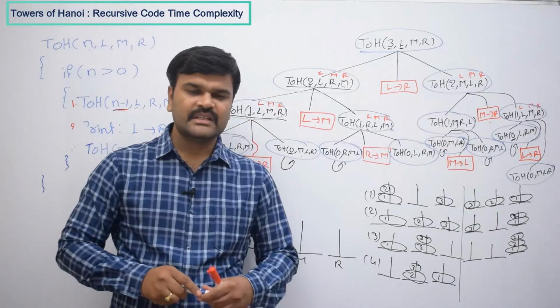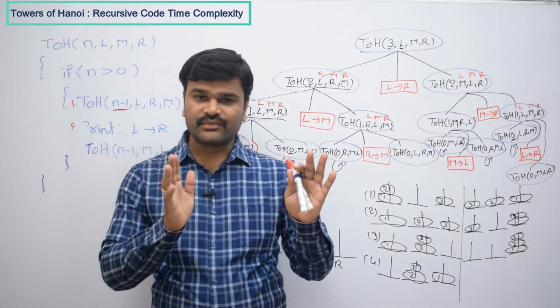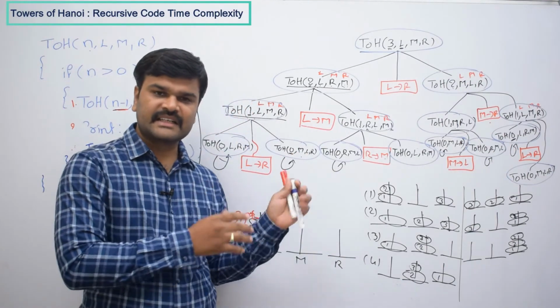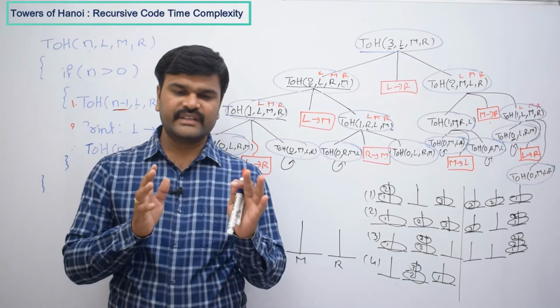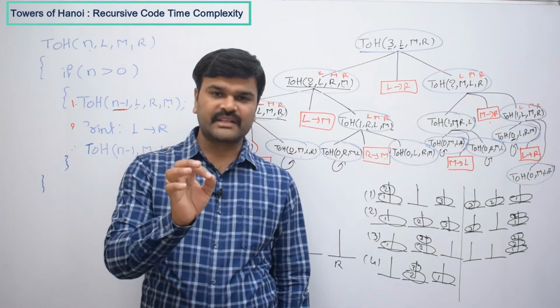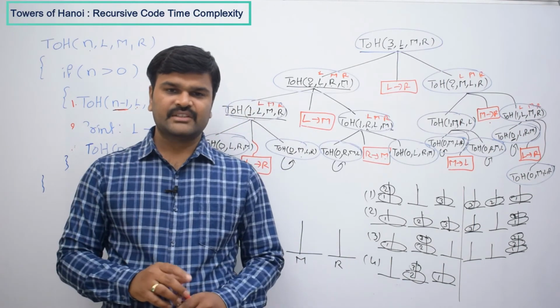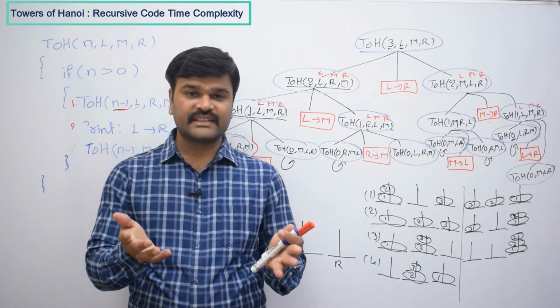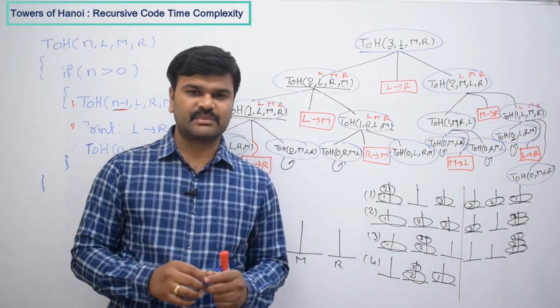Okay, so total function calls are 15 in this recursive tree. So 15 function calls are there, which means when n is 3, time complexity is 15. So this we have to tell in terms of n. That is what the analysis part is here.